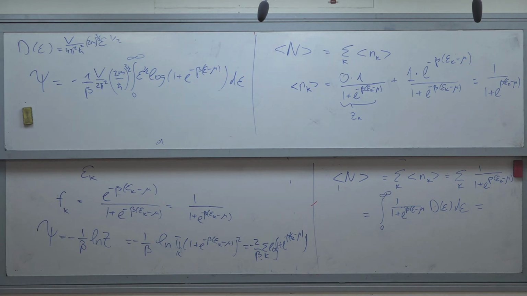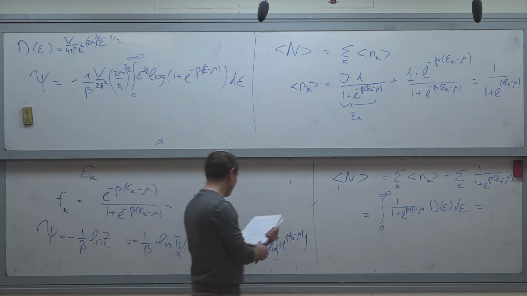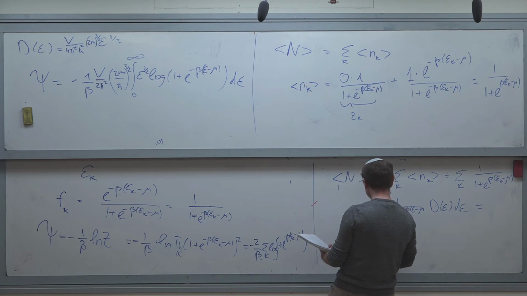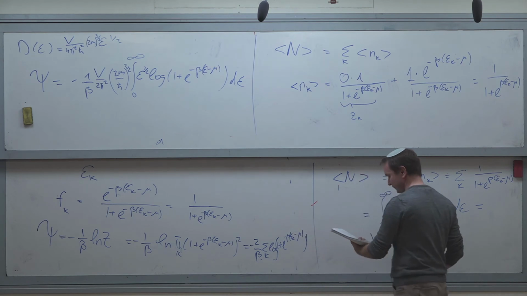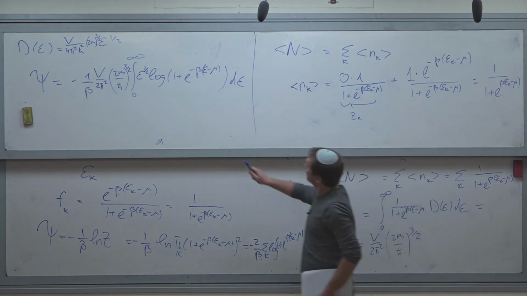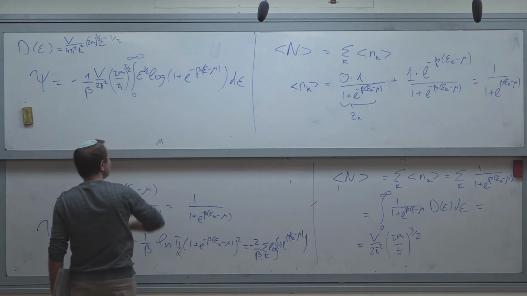So what is it actually equal to? It equals V divided by 2 pi squared, times (2m divided by h bar squared) to the 3/2. Okay, so this prefactor over here.